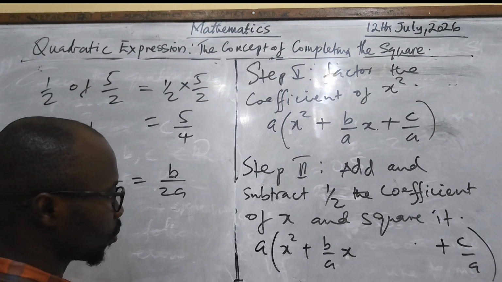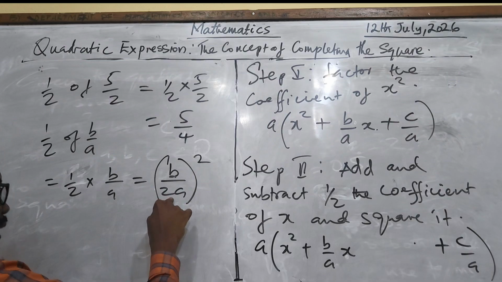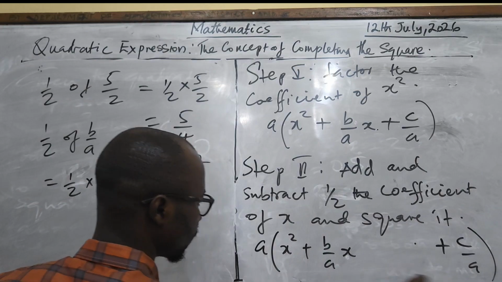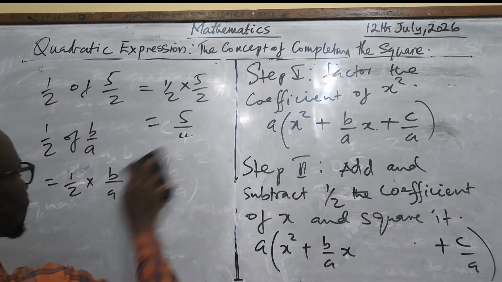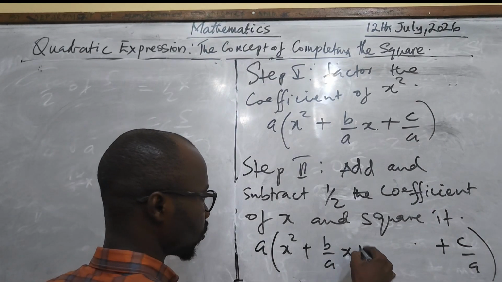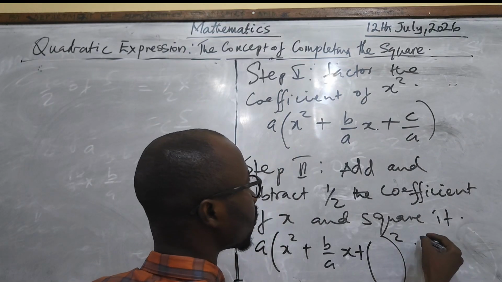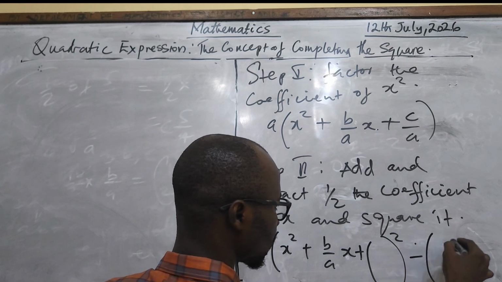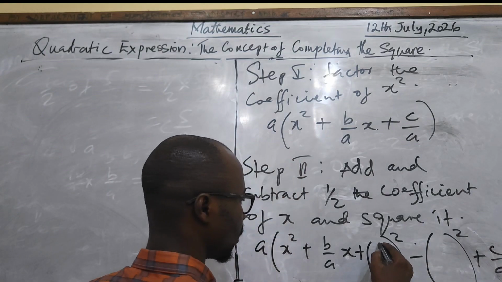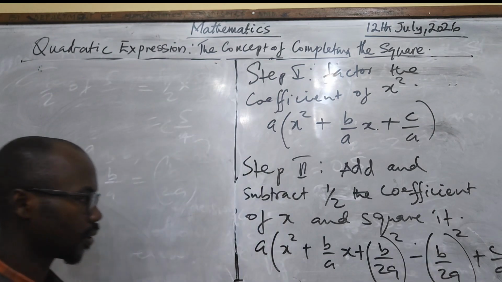And we are told to square it, so I'm going to square it. So I'm going to add and subtract this, plus c all over a. So here we have b all over 2a, b all over 2a.